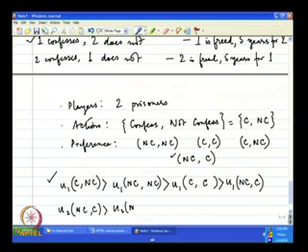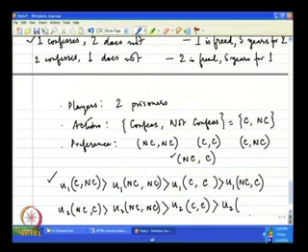Similarly, the second best is that both of them are not confessing and going to jail for 1 year. Third best is that both of them are confessing, going to jail for 3 years. And lastly is the case when the first player is cheating. So he is confessing, the first element, but the second player does not confess, so he is put in jail for 5 years.